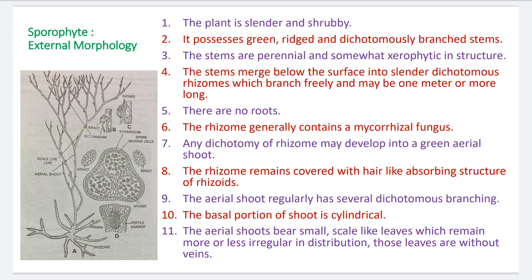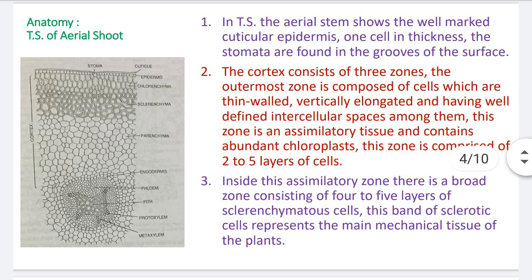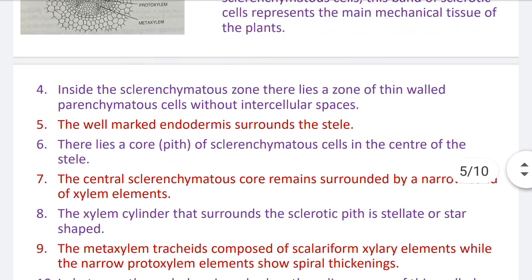Then we covered the sporophytic plant body, the entire mature plant body of Psilotum, the description of its habit as well as its parts. Then we covered the anatomy of the sporophyte, which includes the transverse section of the aerial shoot. We already studied this.